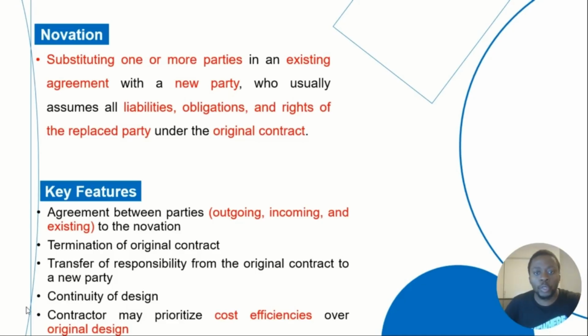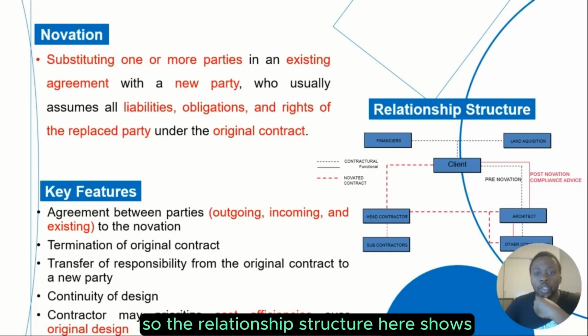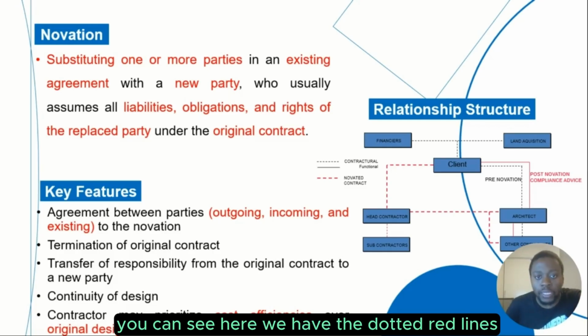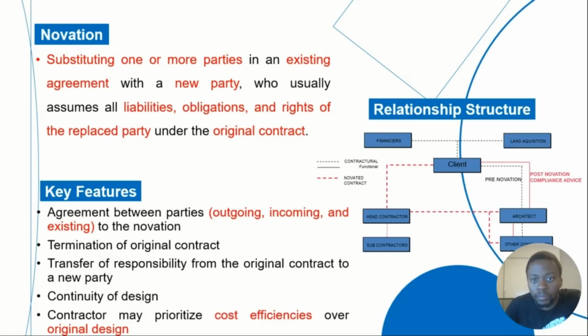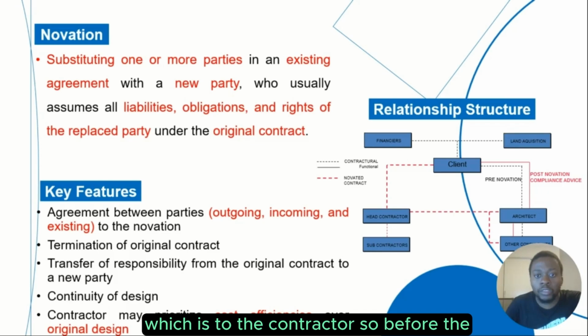So moving on to the relationship structure. The relationship structure here shows, you can see we have the dotted red lines, which show that the architect and other consultants are being novated to a new contract, which is to the contractor.